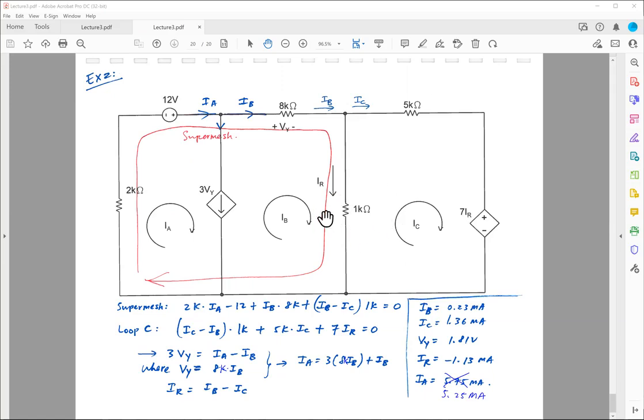I'm assuming IB is more dominant than IC, so IB minus IC is the net current flowing through this 1K ohm. And this sums to 0.